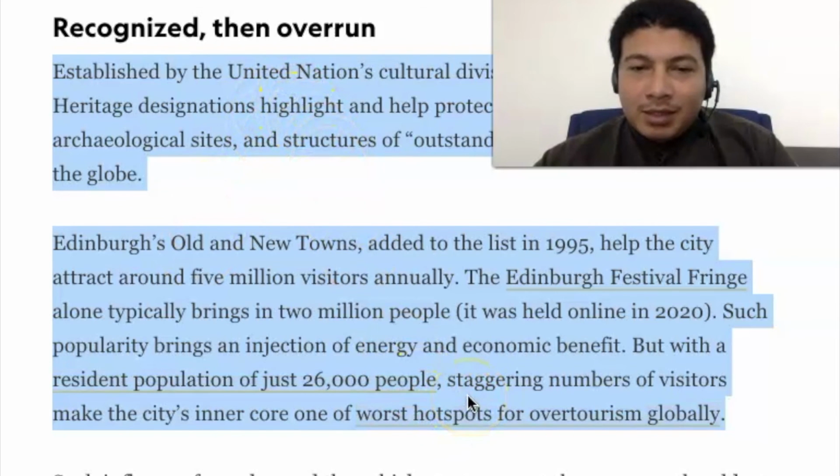And the last sentence here: staggering numbers of visitors make the city's inner core one of the world's hotspots. So this is the opinion of the author, because the author says that because of this huge number of visitors, it caused the city's inner core to become worse because of too many people, or what we call over-tourism.